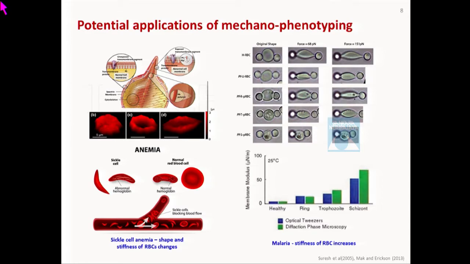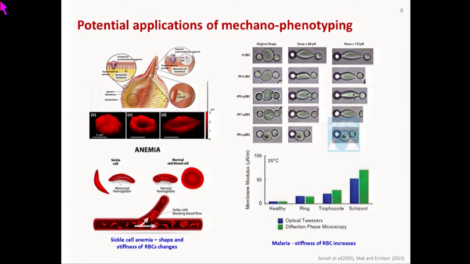And the stiffness of these cells also significantly increases. They also develop surface proteins for which the cells tend to stick to each other. Also, they stick to the channel walls. So you have this blockage in the blood passages.